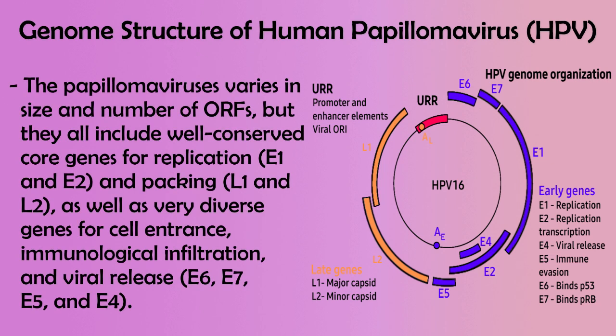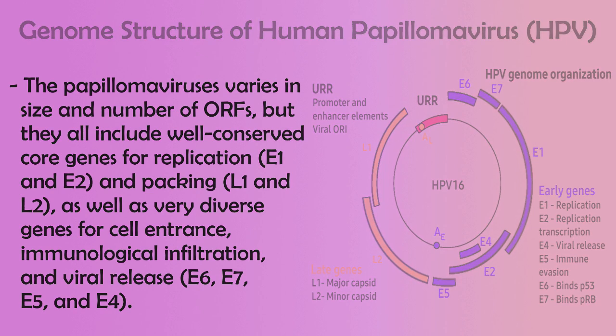The papillomaviruses vary in size and number of ORFs, but they all include well-conserved core genes for replication, E1 and E2, and packaging, L1 and L2, as well as very diverse genes for cell entrance, immunological infiltration, and viral release, E6, E7, E5, and E4.